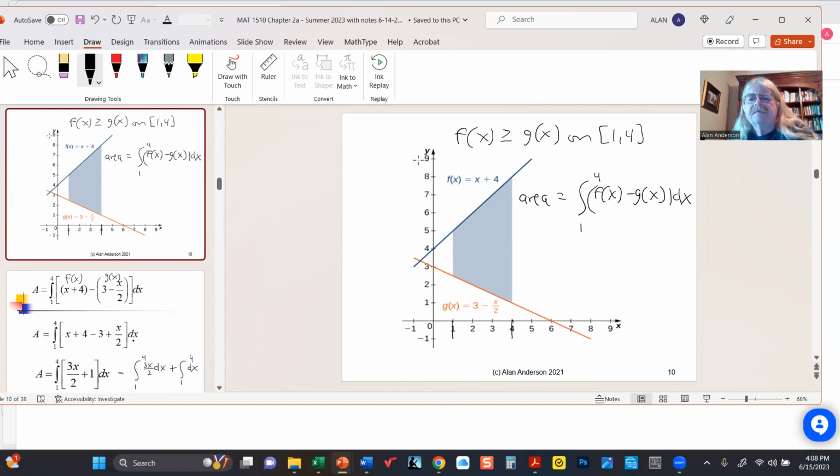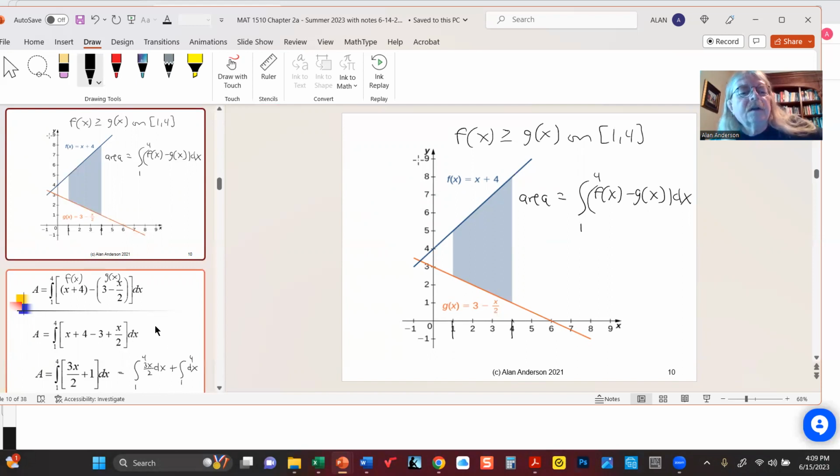So we're good there. Okay, we can use this approach. We're going to integrate the difference between the two over the interval 1 to 4. By the way, in a very straightforward case like this, if you wanted to, you could calculate this with geometry. I mean, it's pretty clear that this is a trapezoid, but why don't we stick with the integrals and take it from here?